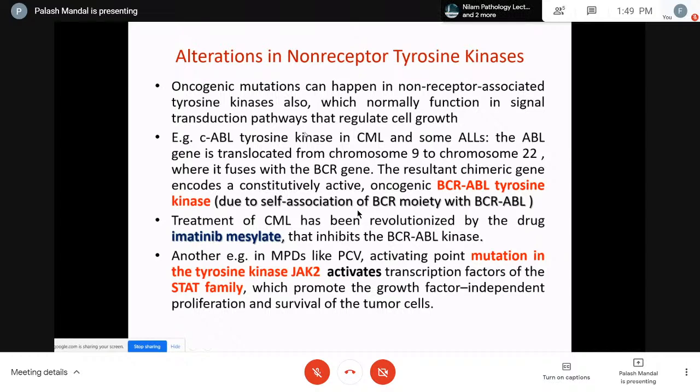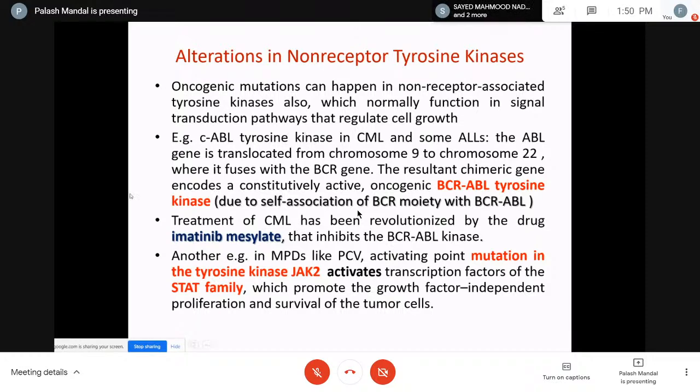Whenever mutations happen, they also lead to malignant transformation. There was one receptor associated tyrosine kinase which we gave as an example just now, and another example is EGFR. These are all tyrosine kinase based receptors, and there are some non-receptors, where the receptor is not there but the tyrosine kinase function is there.